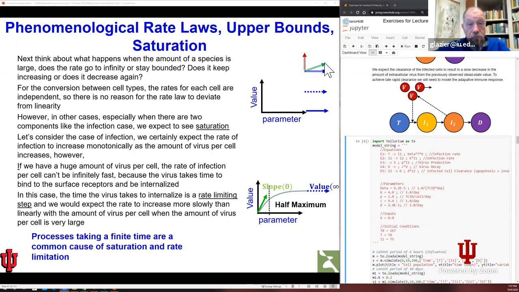There's no reason that having more of them would slow things down. On the other hand, for viral infection, the cell can't get infected by virus more than once. So if you have a lot of virus, you would not expect the rate of infection to go to infinity. You'd expect to have some kind of saturation.